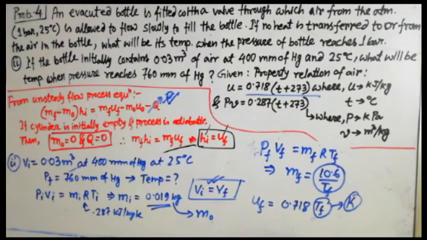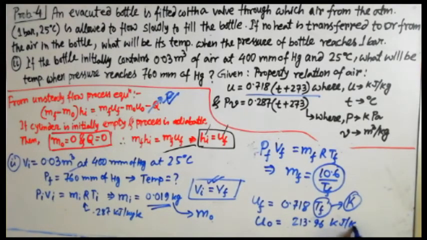Okay, and U0, we have already found out, is 0.019 times, U0 is nothing but, we have already found out, 213.96 before.